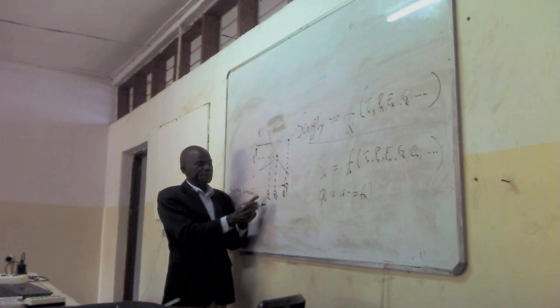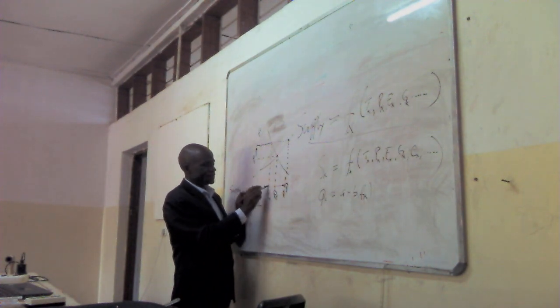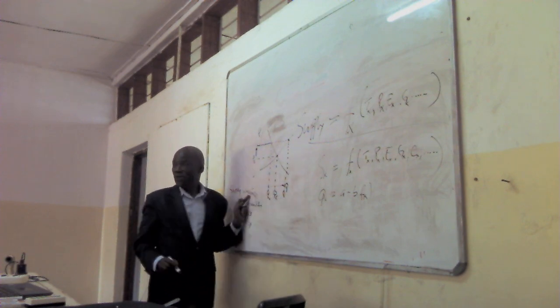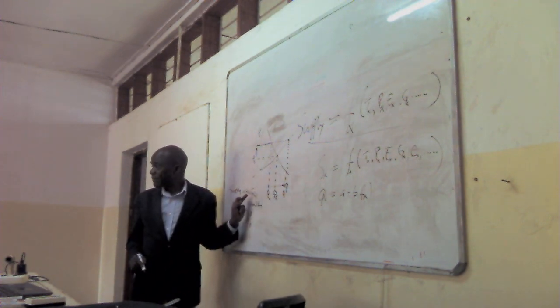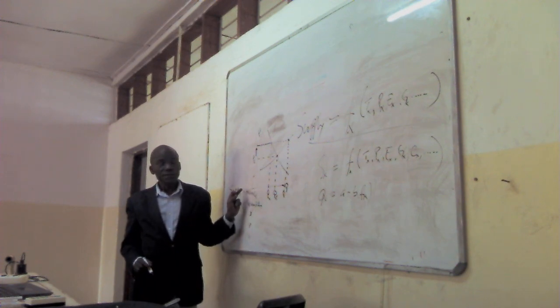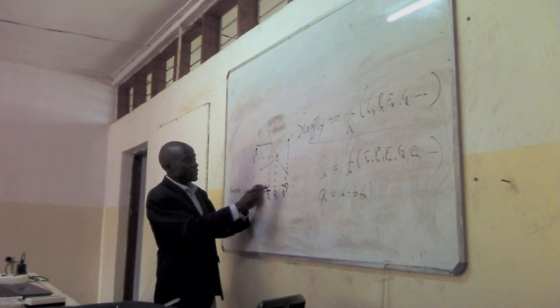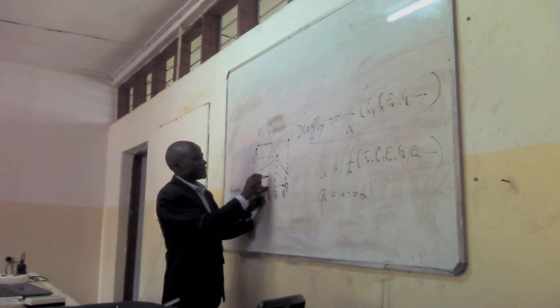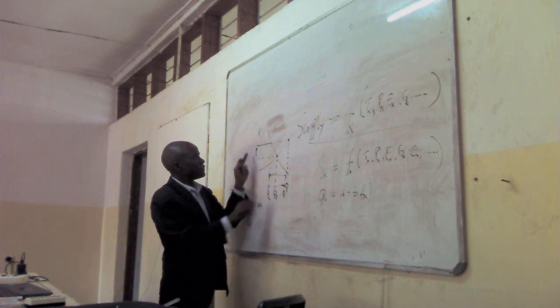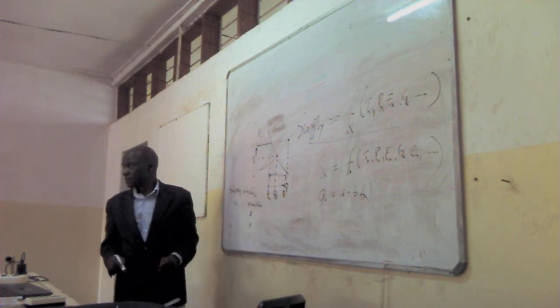So what happens? This is the quantity demanded, and yet this is the quantity supplied. So there is what? Surplus. You see, there is this surplus here, from here to there, because of this price which has gone up.